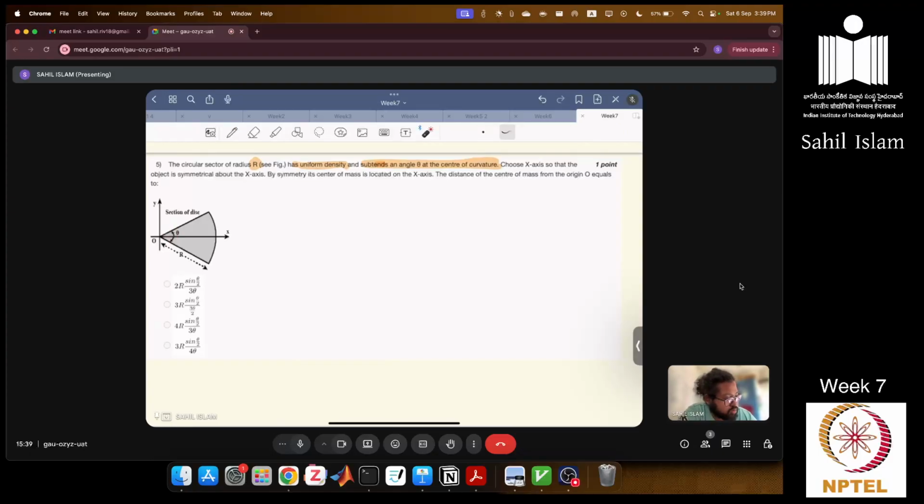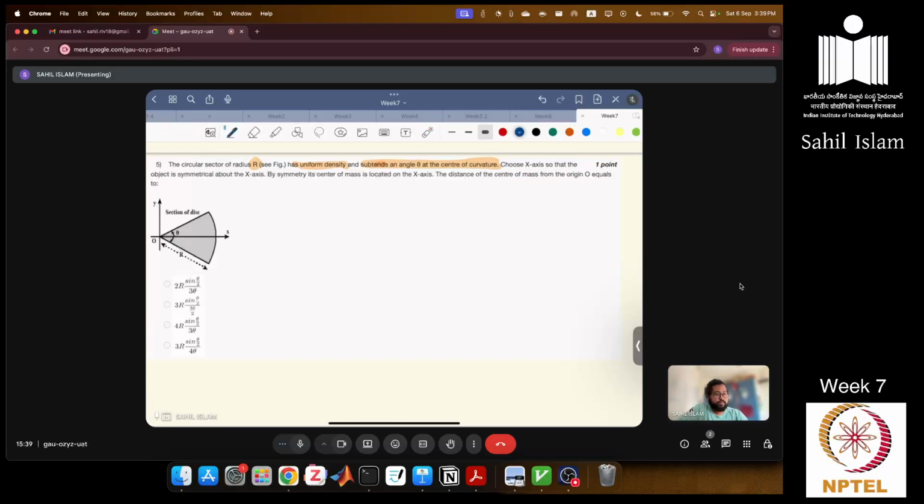Choose the x-axis so that the object is symmetrical about the x-axis. By symmetry, its center of mass should be located on the x-axis. You have to find the distance of the center of mass from the origin O.